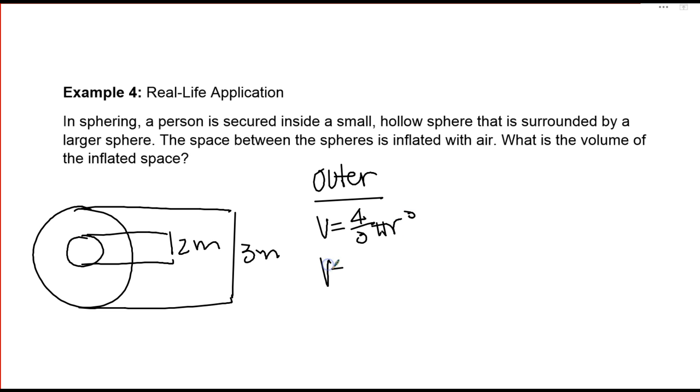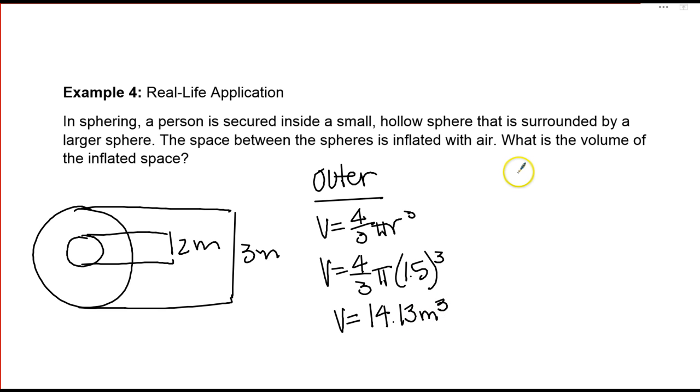So this would be volume equals 4/3 pi, and the radius, be careful, if the diameter is 3, the radius is going to be 1.5, and that's cubed. So the volume of the outer sphere is, let me get my calculator. If you use 3.14 for pi, the volume of this outer one should be 14.13, and that is meters cubed.